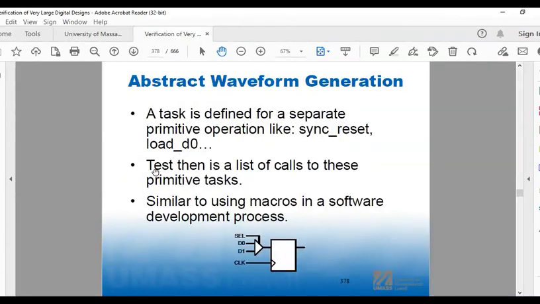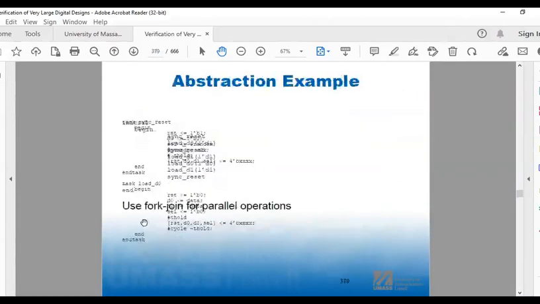So here's the abstract waveform generation. There's my device under test there. It's a multiplexer driving a flip-flop. So I'm going to have bus functional models like synchronize reset, load D0, right, that being D0, and so on. So we're going to write bus functional models for this, and it messed that up too. But again, think with me of what that would look like.